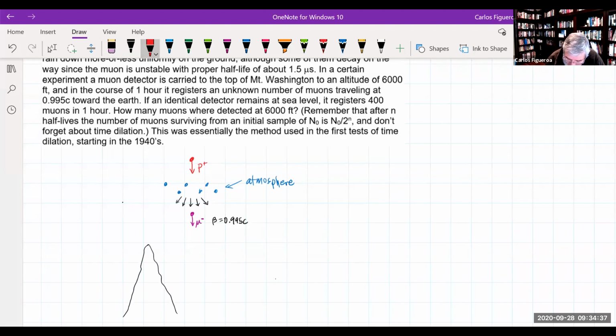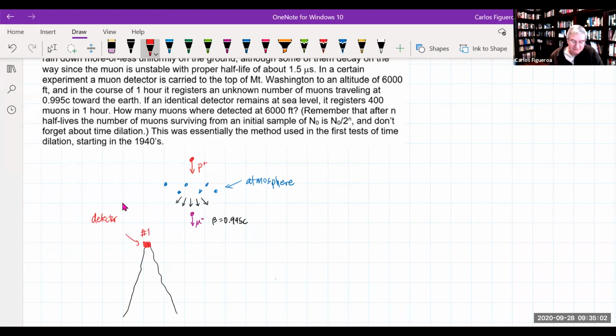And up at the top of the mountain, they put a detector. This detector is real easy to build, because you're essentially detecting electrons. We're experts at detecting electrons. And this detector at the top of Mount Washington, I'm going to call detector number 1.